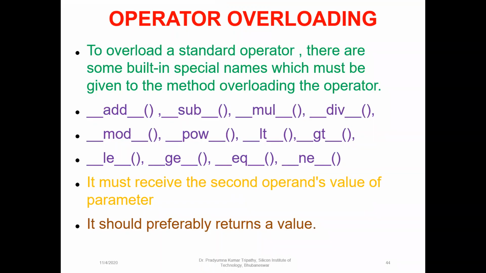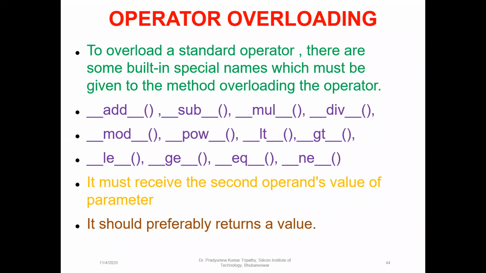Okay, just remember that there are some operators to be overloaded. For every operator to be overloaded, there are key built-in special names: for addition, subtraction sub, power pow. So there are some functions already available. You just have to overload them. So it is very simple as compared to C++ operator overloading.